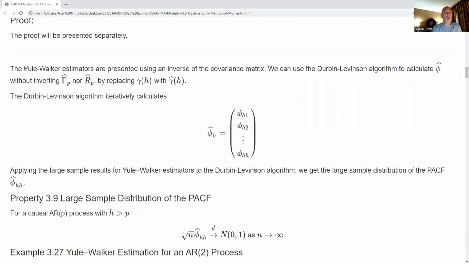All right, so now the Yule Walker estimators are presented pencil and paper wise using an inverse of the covariance matrix. Well, that can be unwieldy. If I have a large p, the degree of my autoregressive process is pretty big, and I've got a large data set, that matrix equation may not even fit inside my computer.